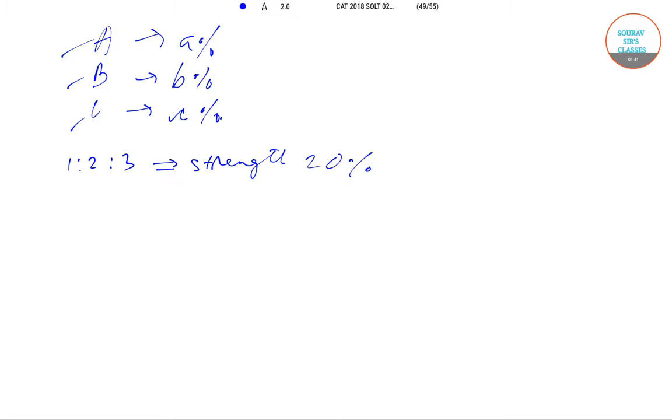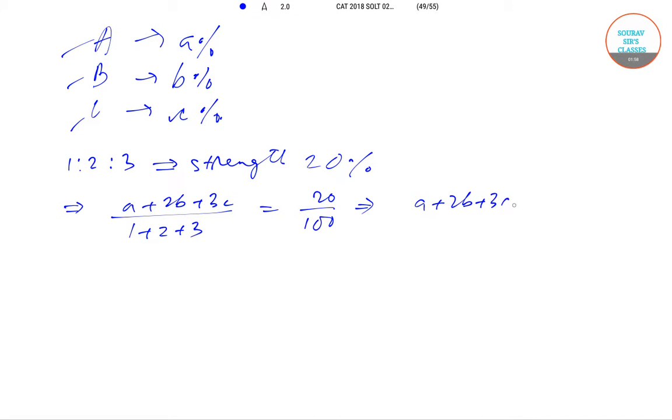So in that case, it can be said that (A plus 2B plus 3C) divided by (1 plus 2 plus 3) will be equal to 20 by 100, and this will ultimately give us the value of A plus 2B plus 3C equal to 1.2, which will be equation 1.